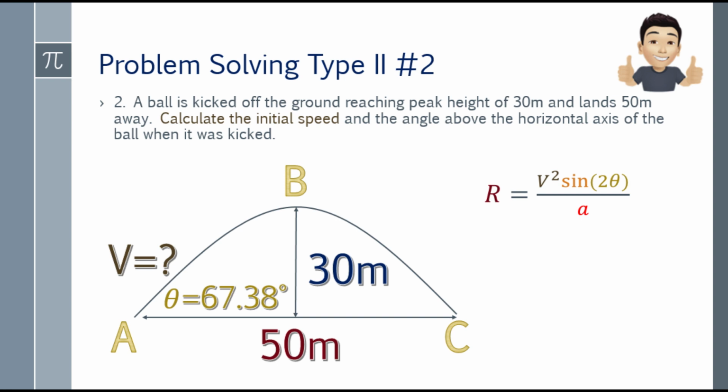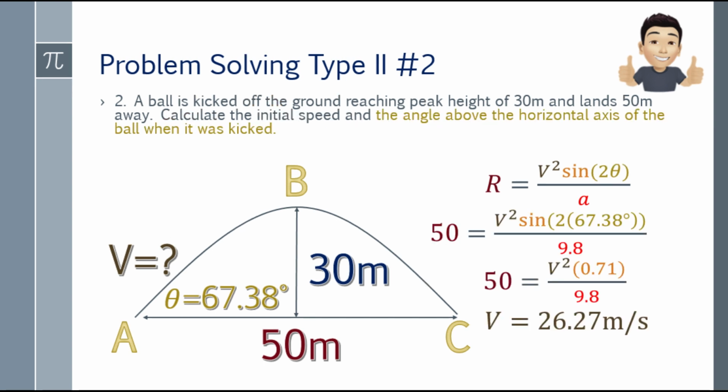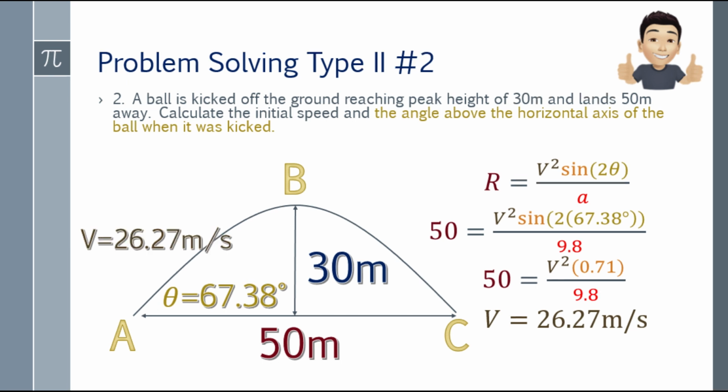So meron tayong range is 50 and yung angle meron na rin tayo at yung acceleration at 9.8. Alright, you may be wondering bakit positive ulit yung acceleration ko na 9.8. Because the question is, you're finding for the initial speed. Again, speed is a scalar quantity, so dapat positive siya. Algebraically, v is equal to 26.27 meters per second.